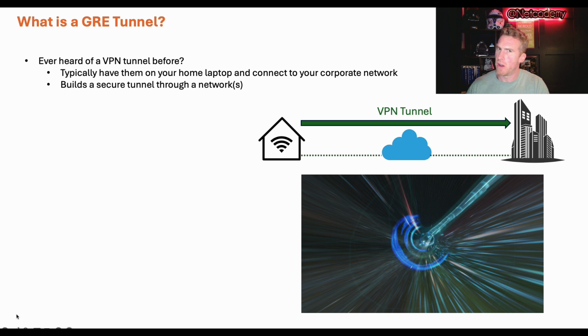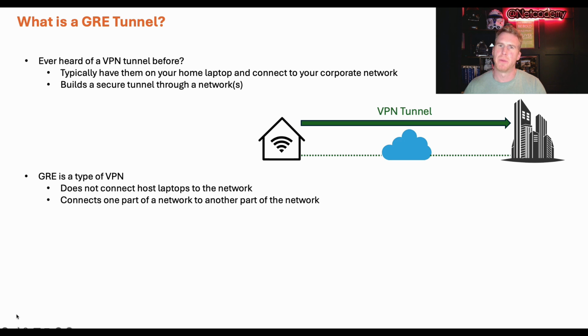However, of course, there are a lot of differences between a VPN tunnel and a GRE tunnel. So the first point I want to start off with is that unlike VPN tunnels, generic routing encapsulation tunnels do not start and end from a laptop. They start from one networking device and end at another networking device.